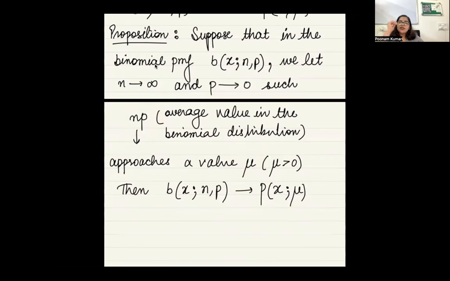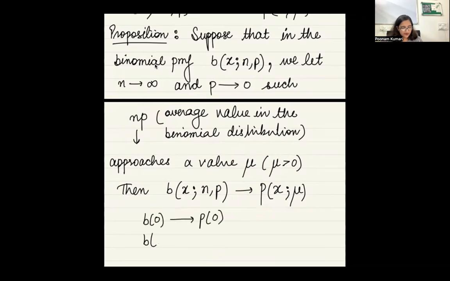So if your n value is large, and if your p value is becoming very, very low, then at different x values you have different probabilities, and for the Poisson distribution also, at different x values you will have different probabilities. So what this means is that if I try to find b of 0, it will be very close to p of 0.